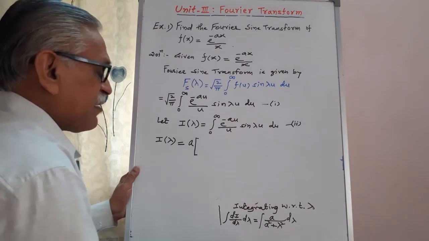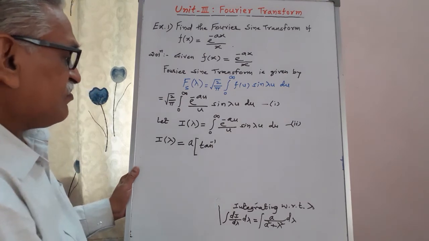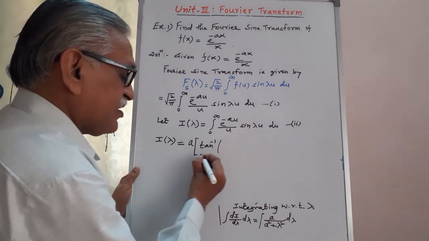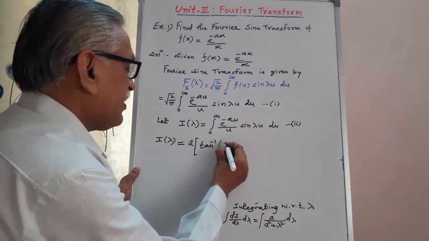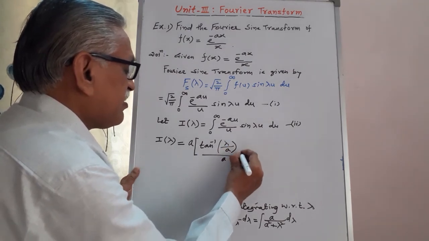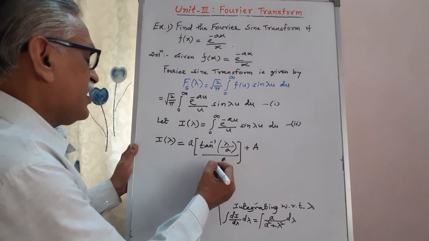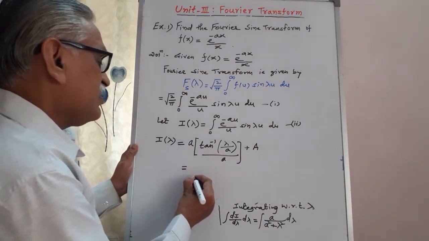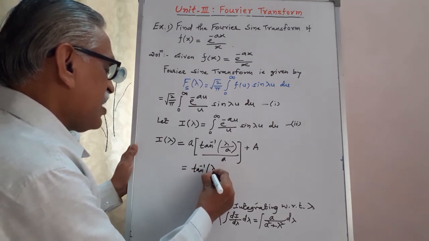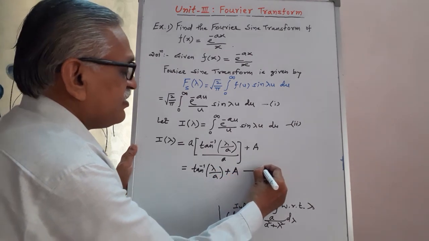Integration of 1 upon a square plus lambda square is tan inverse of lambda by a divided by a plus constant of integration capital A. So that this a gets cancelled, we get this one as tan inverse of lambda by a plus capital A as equation number 3.